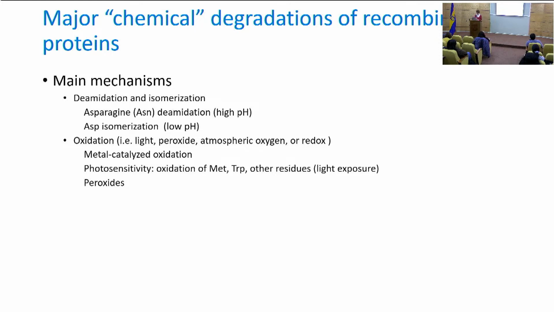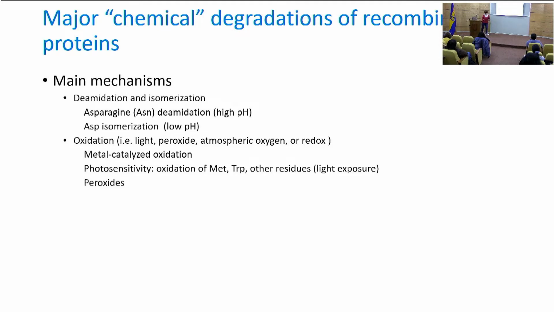So for the deamidation, we know that especially asparagine is prone to deamidate, mainly at high pH, and aspartate could also isomerize at low pH.